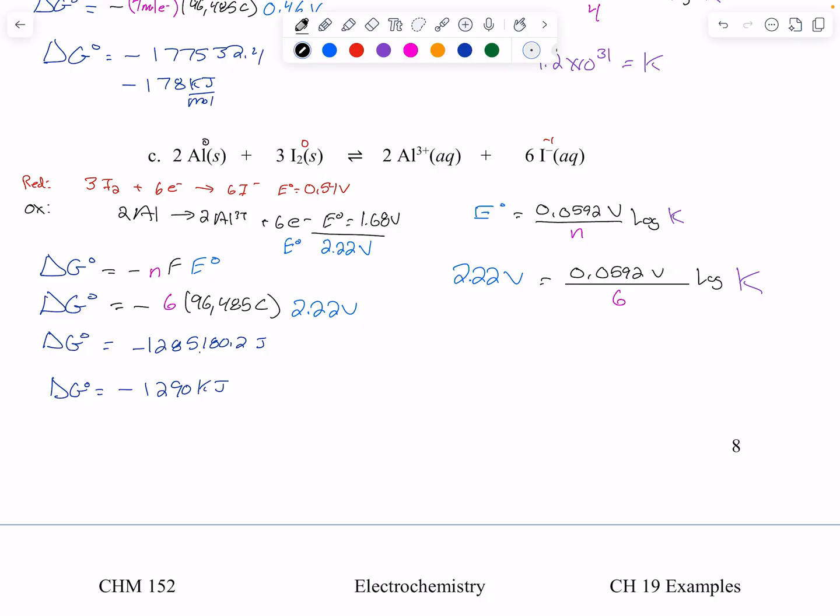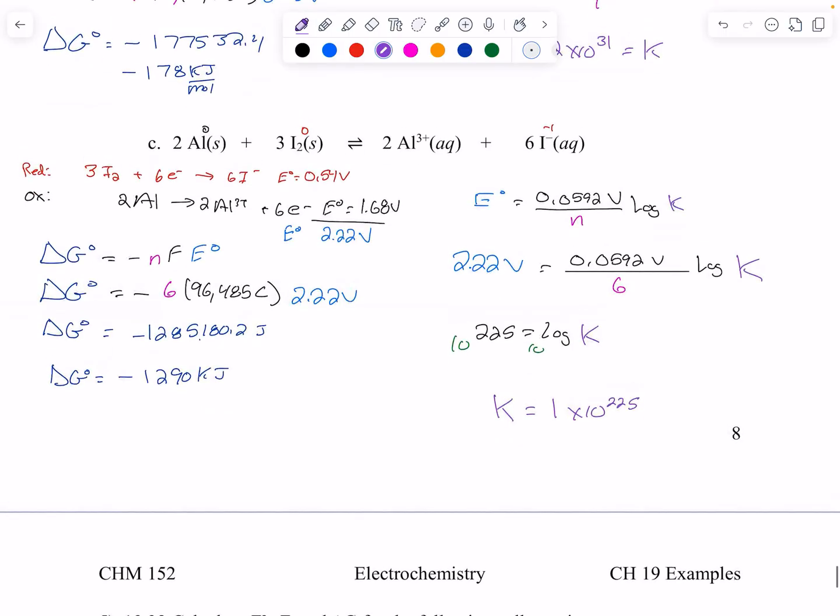How about that? 225 equals the log of K. And we're going to do 10 to both sides. I get 1 times 10 to the 225. There we go. I think that's it.